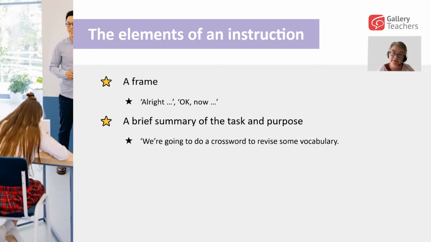So you have in this example the summary of the task, which is doing a crossword, and the reason for the task, to revise vocabulary. Now, adult learners usually like to know why they're doing a particular task or activity, so it's quite helpful and even motivating to them if they understand the reason why you're doing something.